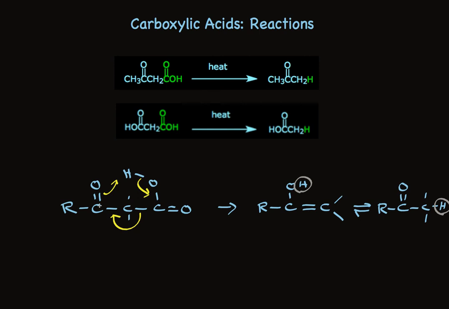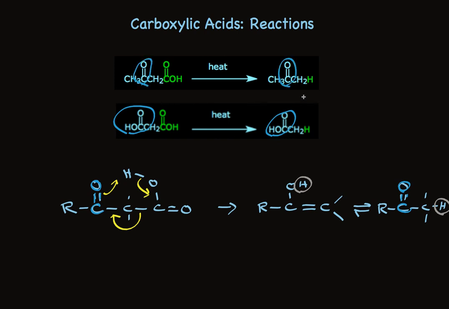Notice that this carbonyl group that was lost when we formed that intermediate is completely regenerated, just like it was. And that's why you see this functional group as a carboxylic acid, still a carboxylic acid. This functional group as a ketone, still a ketone.